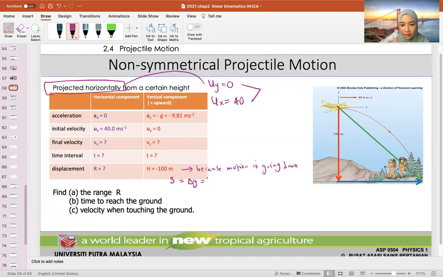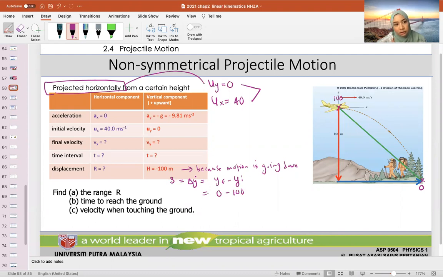Yes, correct. Every time we have a delta, Y final minus Y initial. The Y final, what is our final displacement? 0. What is our initial displacement? Over here, it's 100. Tu kat sini 100 kan? So Y final 0 minus 100. This is how you get the minus 100.